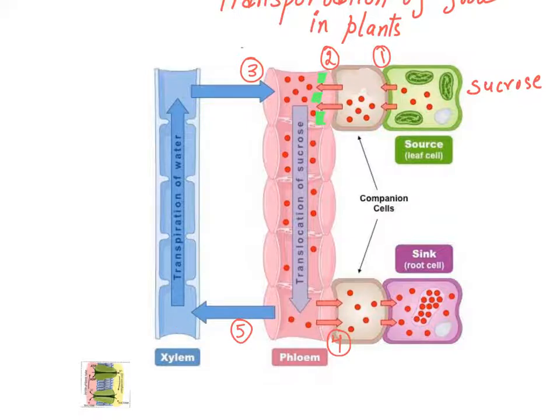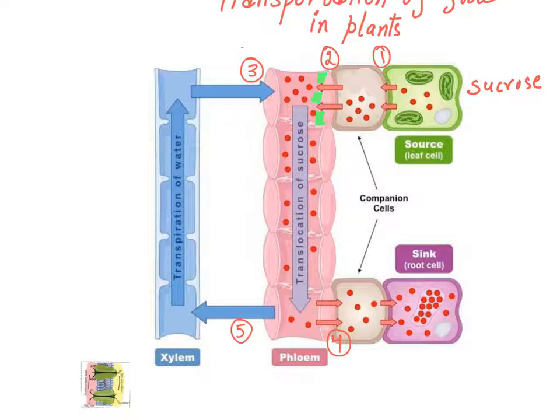So if we have to give numbers to the sequence, first is entry of sucrose from the leaf cell into the companion cell. Second, entry of sucrose from the companion cell into phloem. Third, entry of water from xylem into phloem. Then translocation of sucrose will take place. Next event is entry of sucrose into the companion cell.